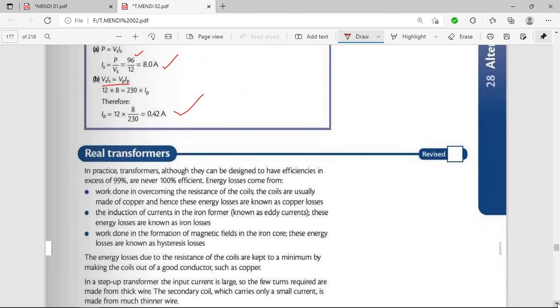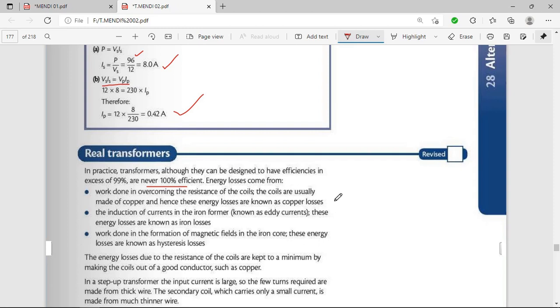Like what we've said for real transformers, in practice, transformers, although they can be designed to have efficiencies in excess of 99%, can never be 100% efficient. Energy is always lost. We've already looked at it. Work done in overcoming resistance in copper coils.